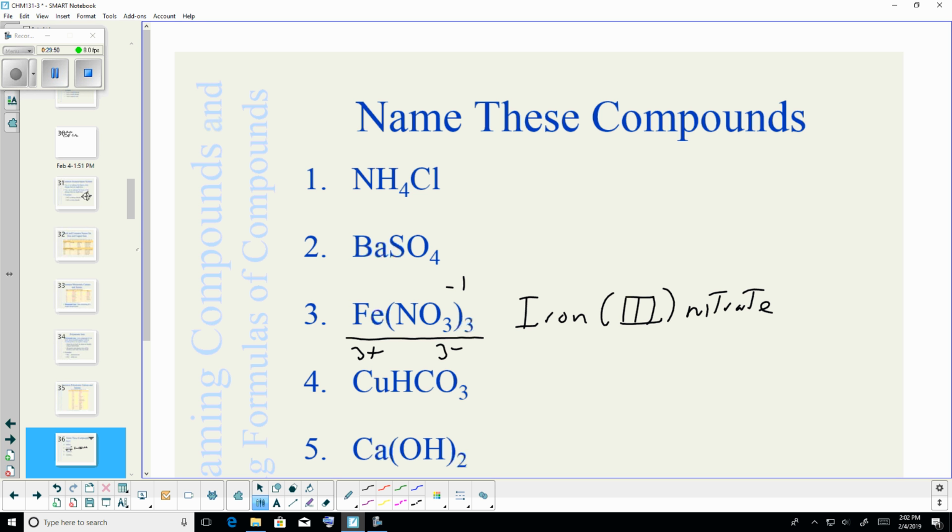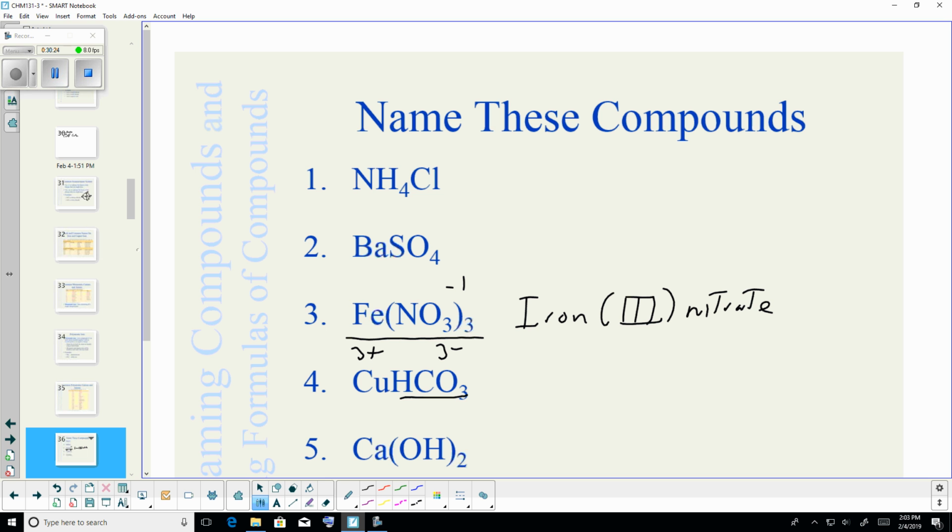What about this one? Not quite. What did I tell you about copper? Has multiple charges. So I got to have a Roman numeral in there. What's the charge on copper here? No. What's the charge on bicarbonate? This is your polyatomic ion here.